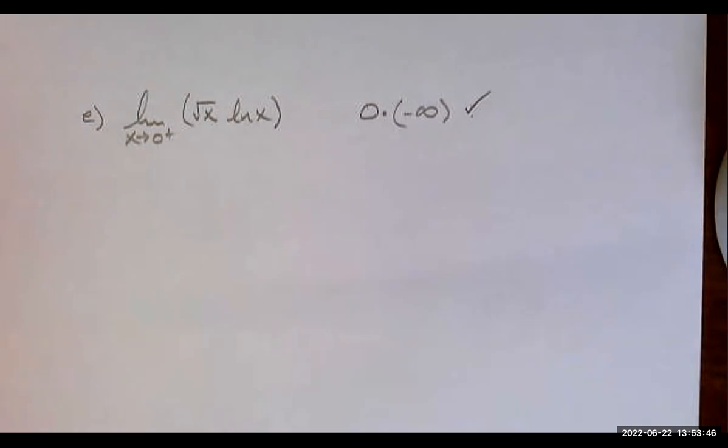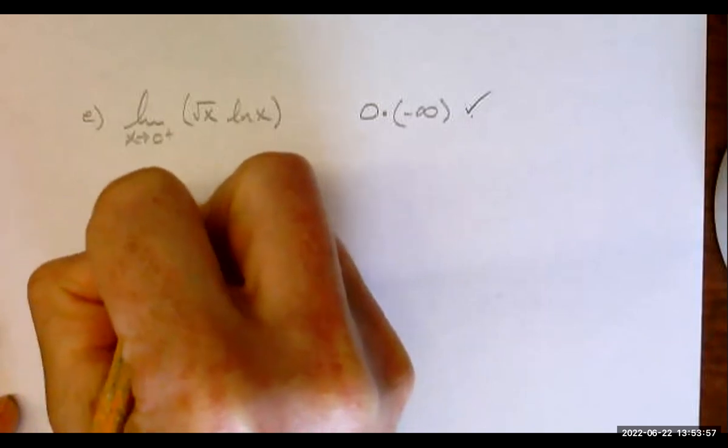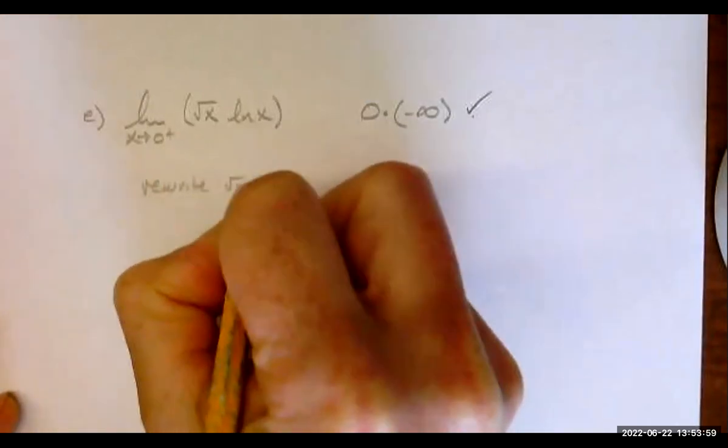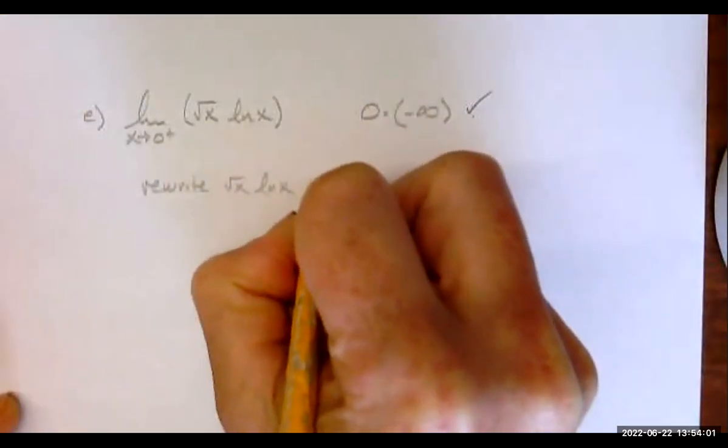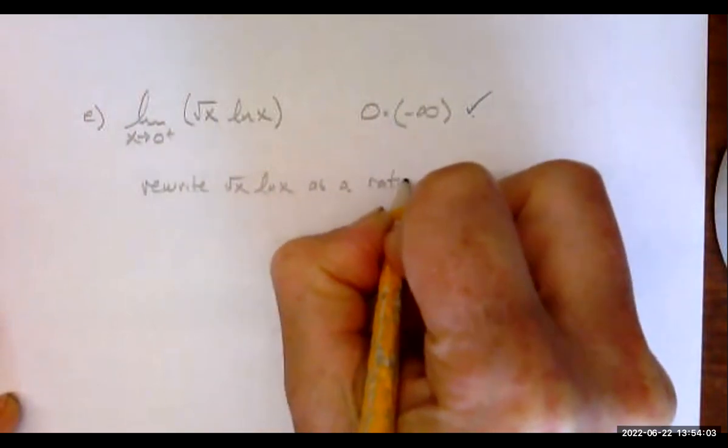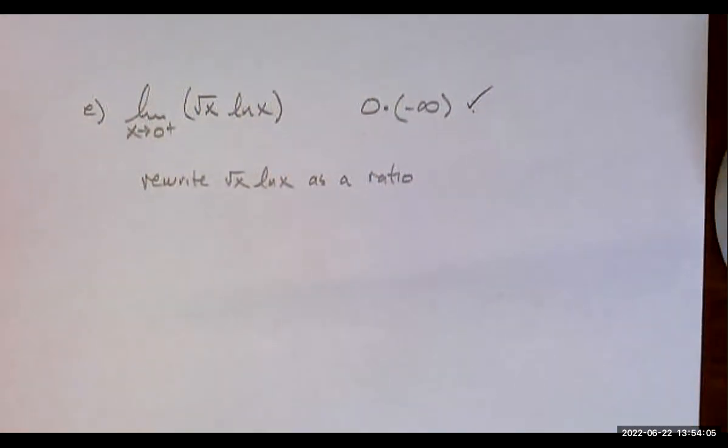But remember that the rule, L'Hopital's rule, is always about a ratio. You have to have a numerator and denominator. We don't have that here. So what are we going to do? We need to rewrite square root x natural log x as a ratio before we can apply the rule. How are we going to do that? Think of it this way.